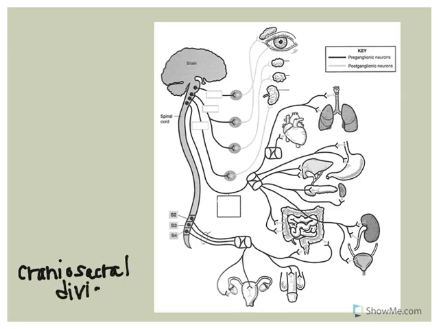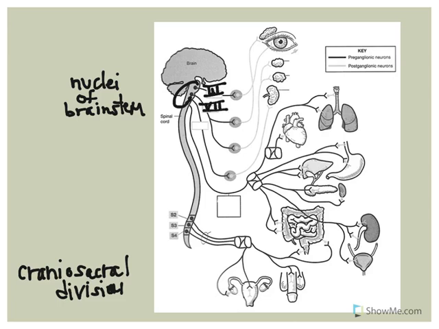The parasympathetic division is also referred to as the craniosacral division because the cell bodies of the preganglionic neurons arise from nuclei in the brainstem, which you see right here. And these are nuclei associated with some of your cranial nerves. The cranial nerves that carry parasympathetic fibers include cranial nerve 3, here, 7, 9, and 10.